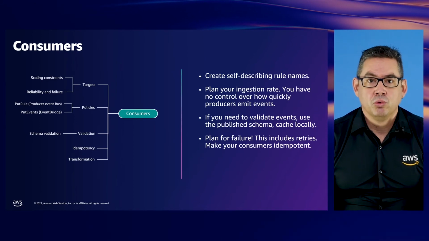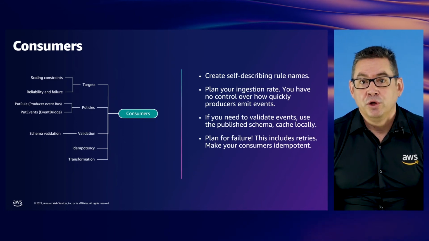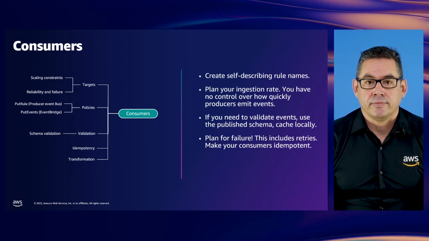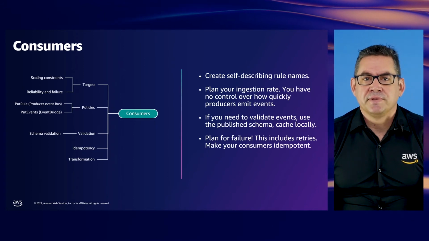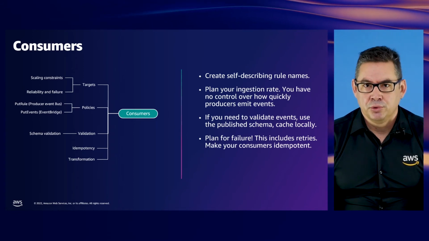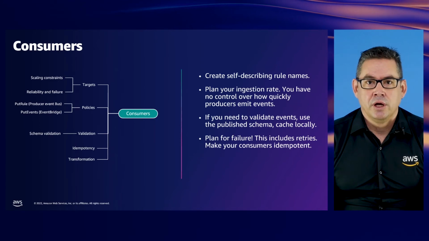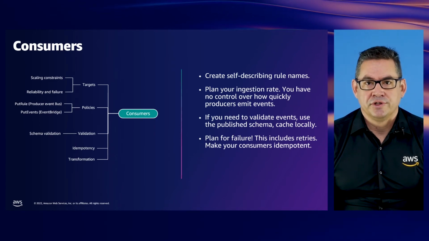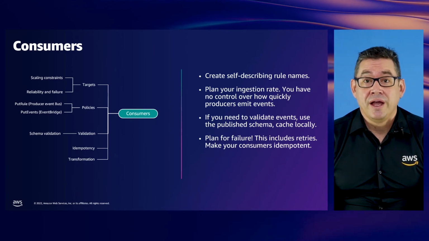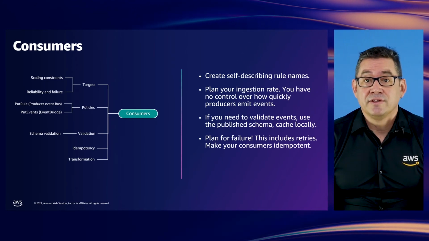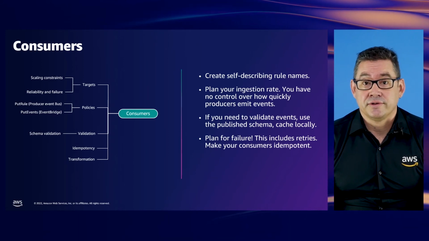This then groups all rules for a consumer together when you describe rules on a bus. As previously mentioned, know your ingestion rate. If you have specific performance requirements, make sure your targets can scale appropriately or put a buffer in to control the rate of ingestion. This actually might come in handy even if you don't have any processing SLAs as a way of controlling scale and costs.